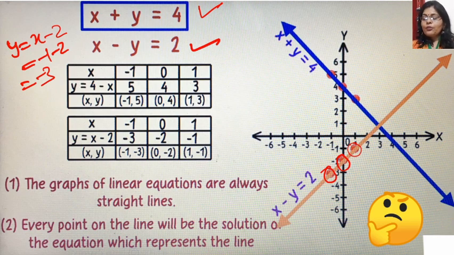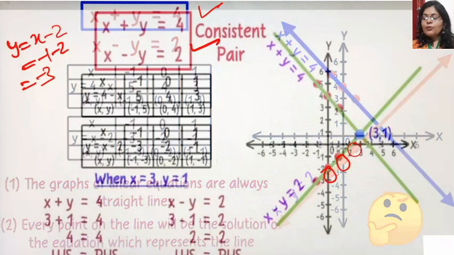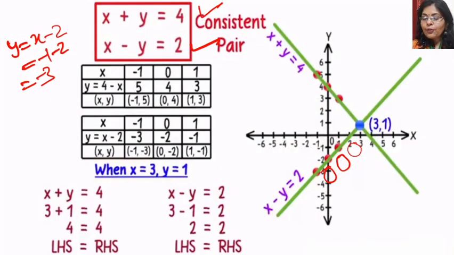What do you conclude? You conclude that these lines are intersecting in one point, that is 3 comma 1, means 3 and 1 are the intersecting point.